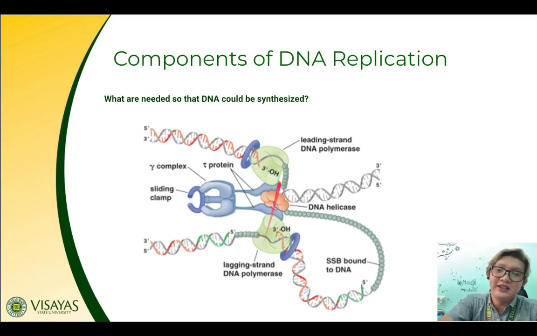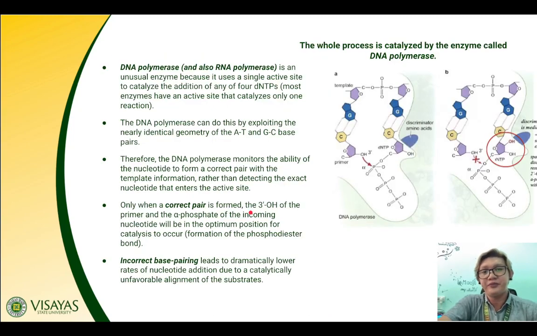So these are the major components of the DNA replication process. So let us first take a look at the structure of a DNA polymerase.